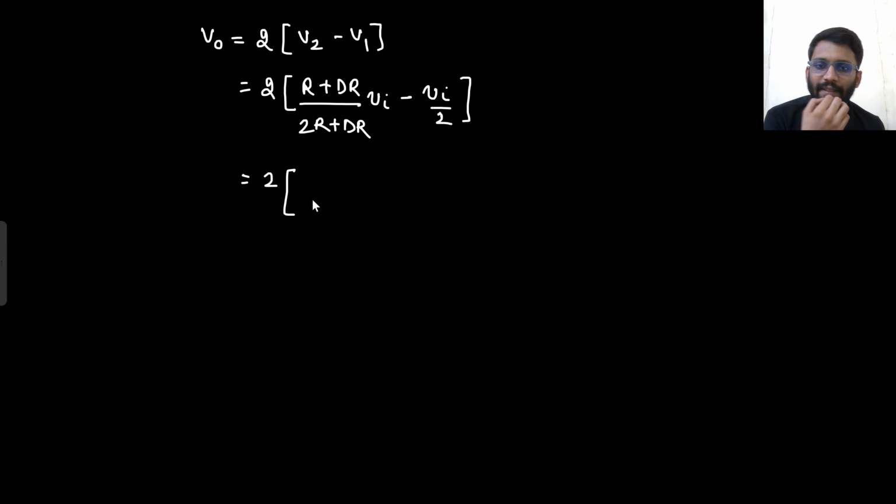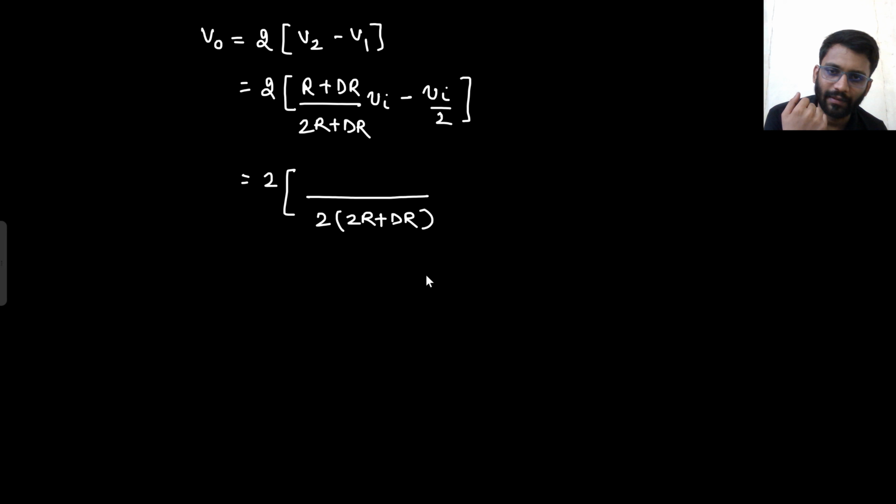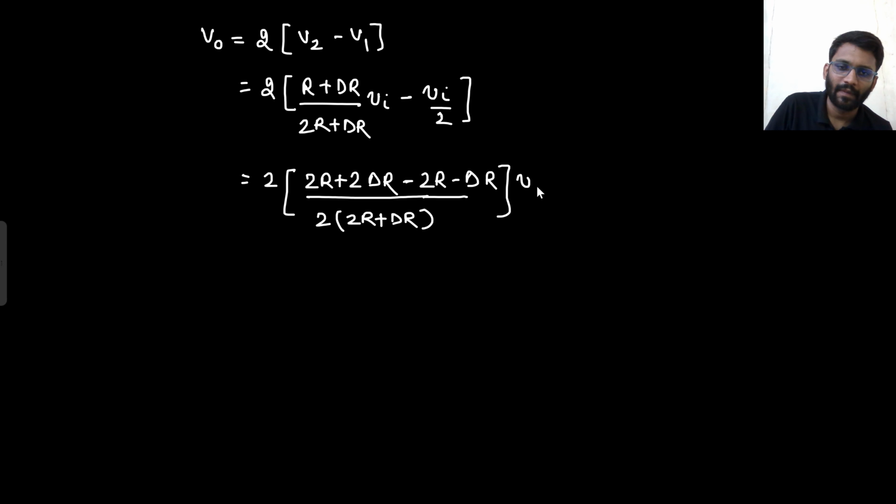What you see here is that I can do 2 into (2R plus delta R)... so 2R plus 2 delta R. Just the calculation I am doing: 2R plus 2 delta R minus 2R minus delta R, into Vin. The 2 and 2 are getting cancelled.